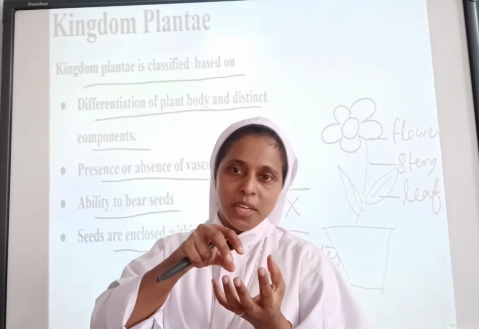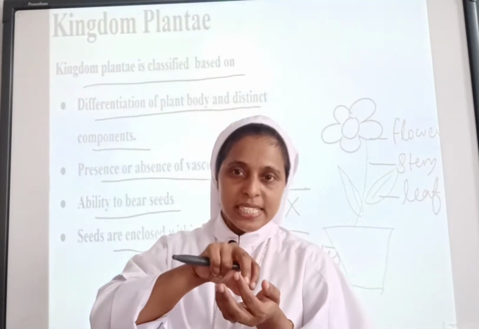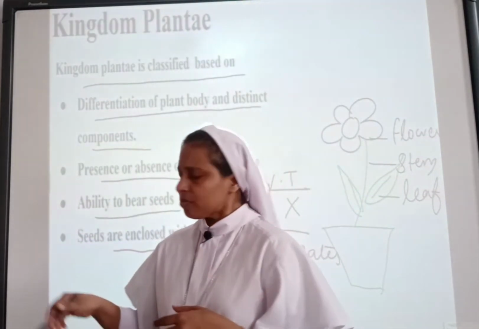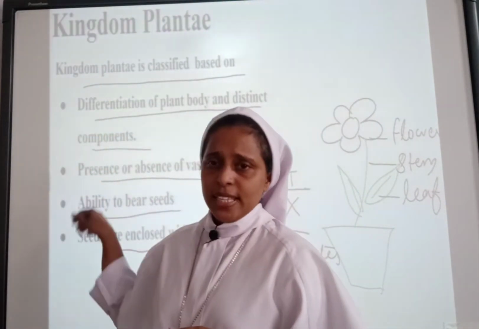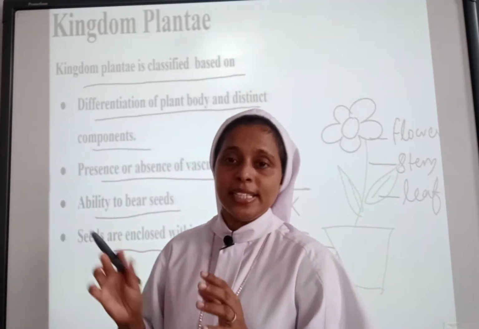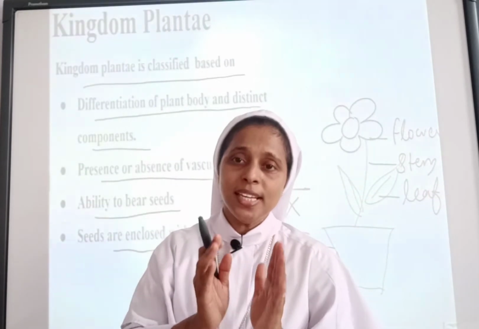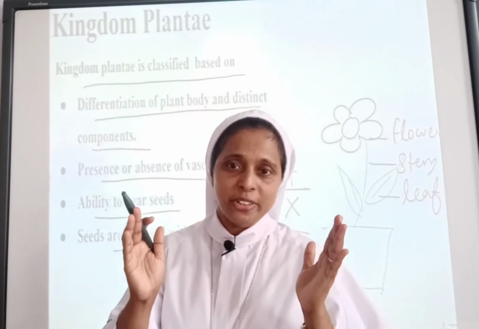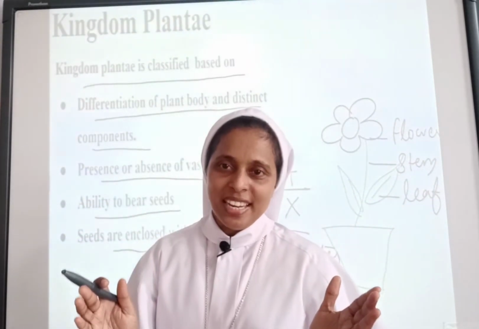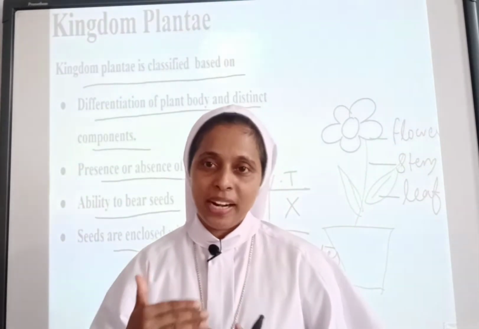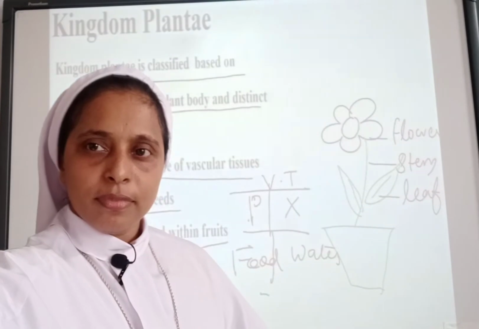And he classified based on various other points too. As I have told you, R.H. Whittaker considered in his mind that there should be at least 3-4 points for the major classification. Hope it is clear.